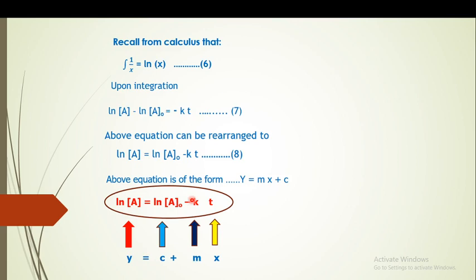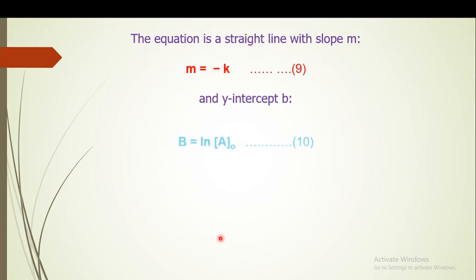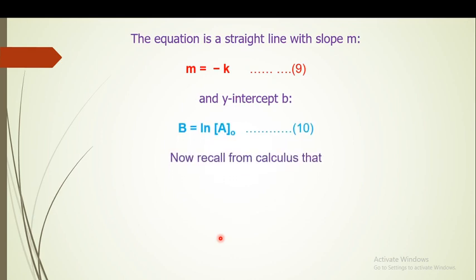Slope m is equal to minus k, and the intercept on the y-axis is ln of A0. So from the rate equation of first order reaction, we get the slope, and from the value of slope we can calculate the value of rate constant, and from the value of y-intercept we can calculate the initial concentration of reactant. So that equation is of a straight line with slope m equal to minus k and y-intercept b equal to ln of A0.